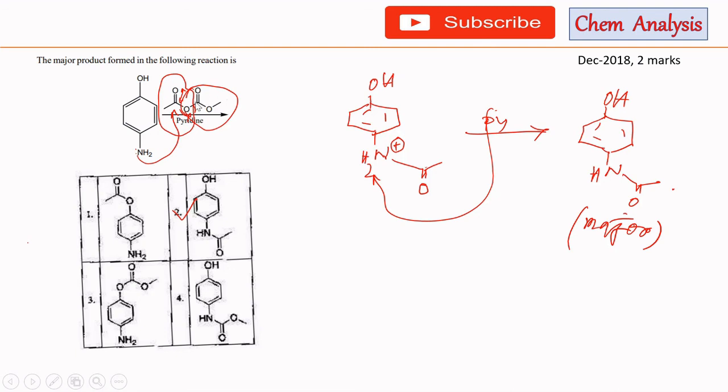Since here two lone pairs are conjugating within this carbonyl group, it will reduce the electrophilicity of this carbonyl group more than that of this, since here one oxygen lone pair is taking part into resonance with this carbonyl group. So this will be the final product.